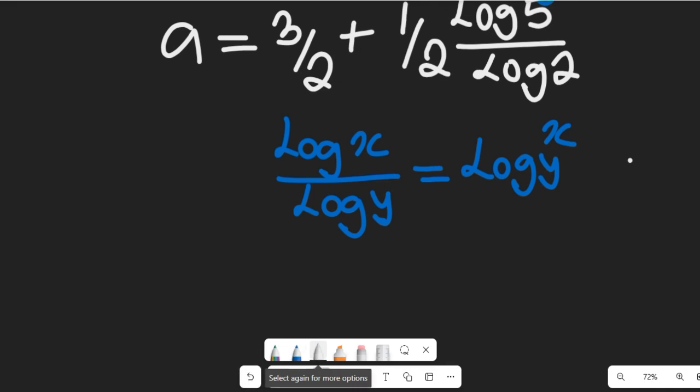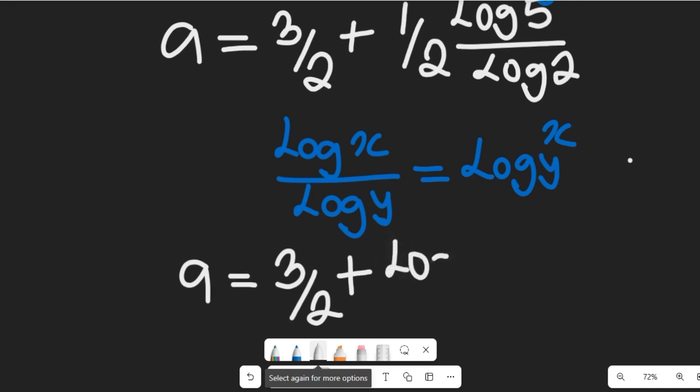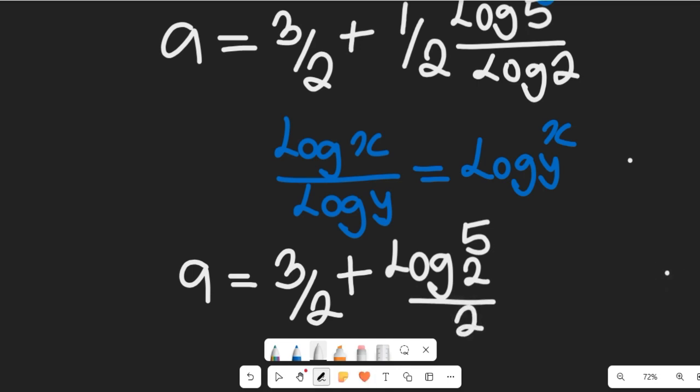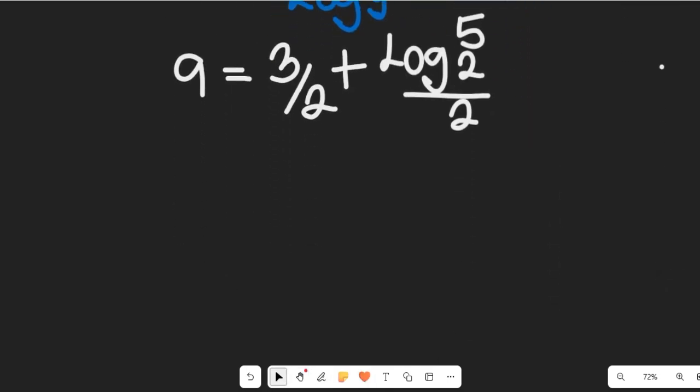Now if I apply that, I'm going to have a to be equal to 3 divided by 2 plus, that is now going to give me the log of 5 base 2 divided by 2.